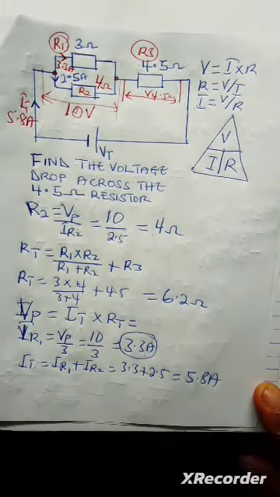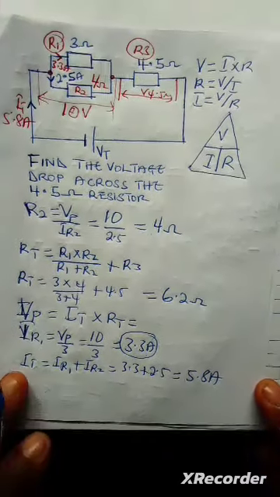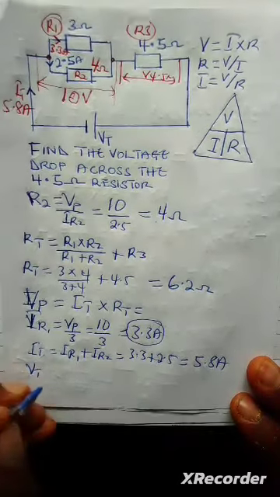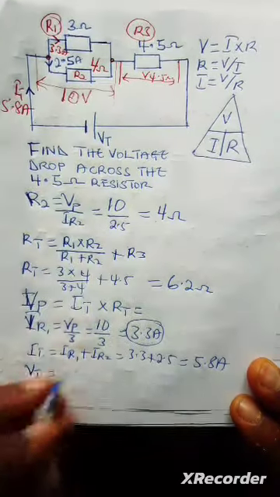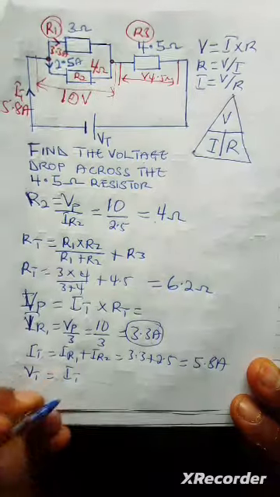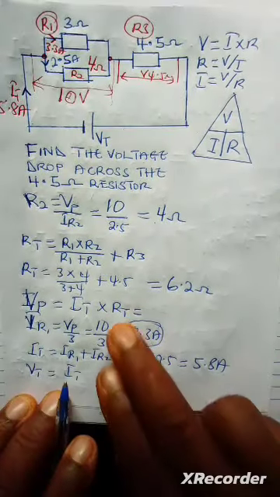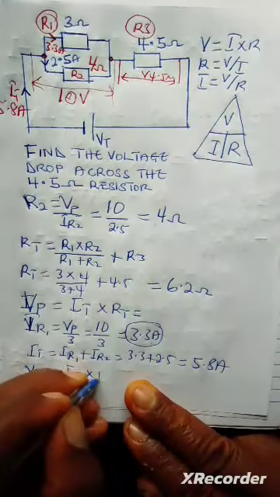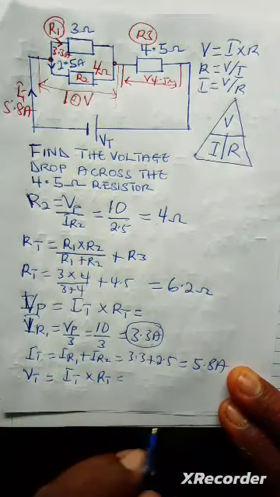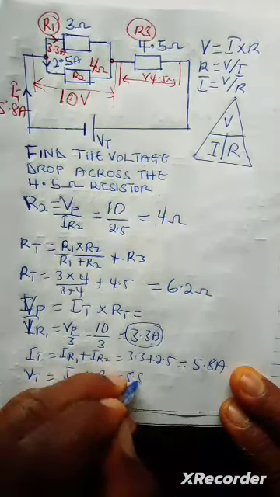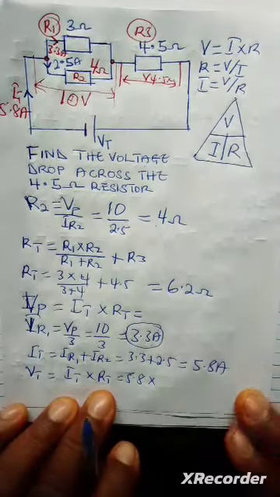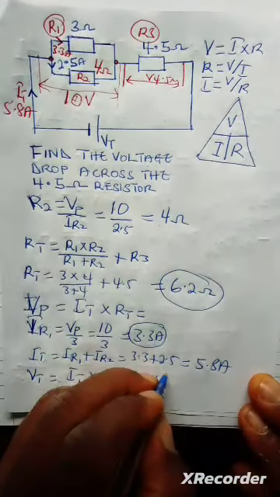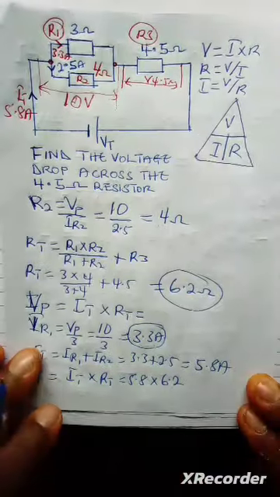Now that we have the total current, we can find total voltage. So total voltage is equal to total current times total resistance. Total current is 5.8 times our total resistance, which is 6.2.